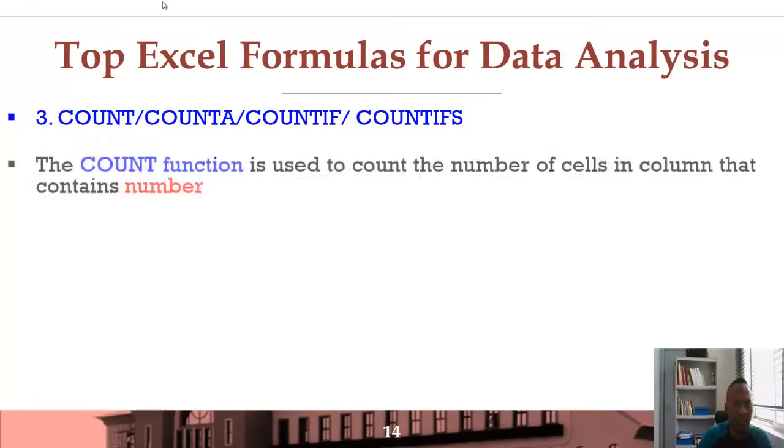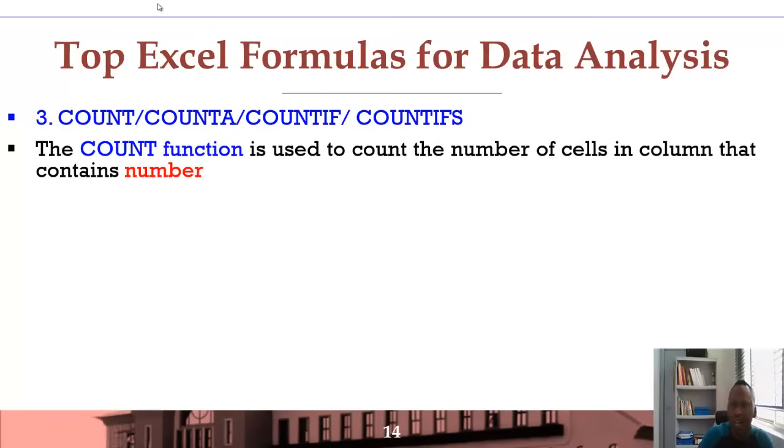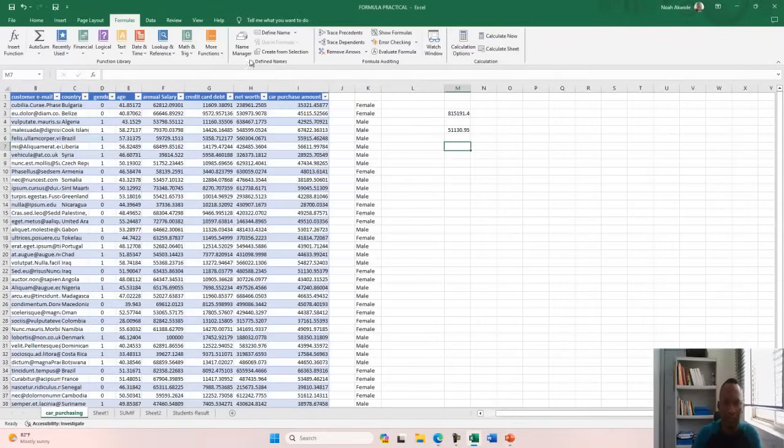So now let's start. The COUNT function is used to count the number of cells in a column that contain numbers. Numbers, not text. Now let's try that first.